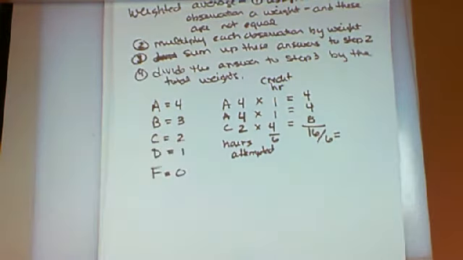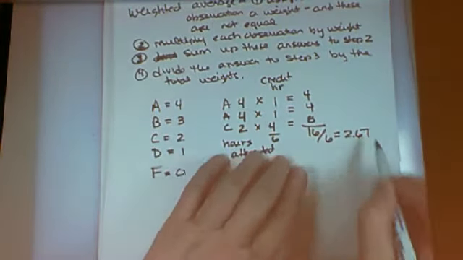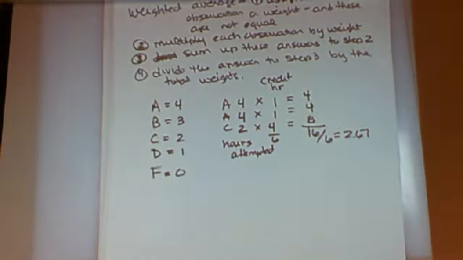So what's 16 divided by 6? 2.67? Is that right? 2 2/3? 2.67. Now wait a minute. I got 2 A's. How come my GPA is 2.67? I got 2 A's, right? Oh, it's not the grades that count, it's the weighted average, right? It's the power according to the credit hour.